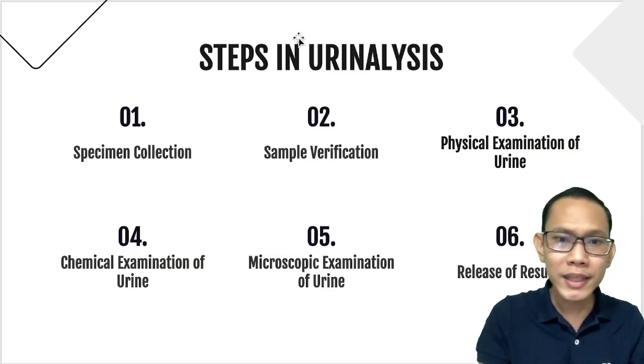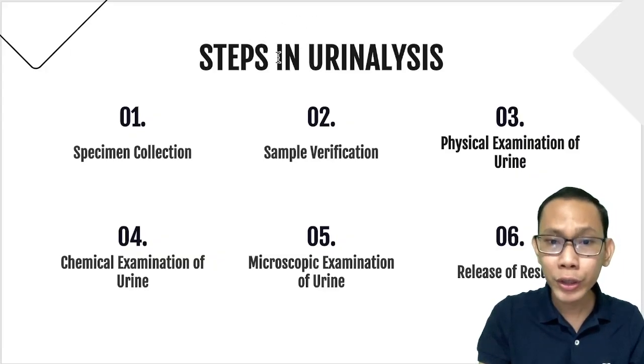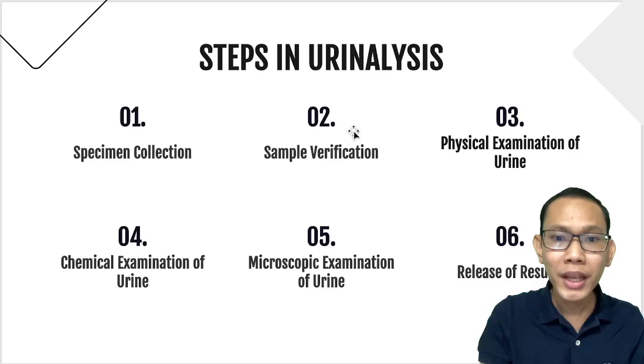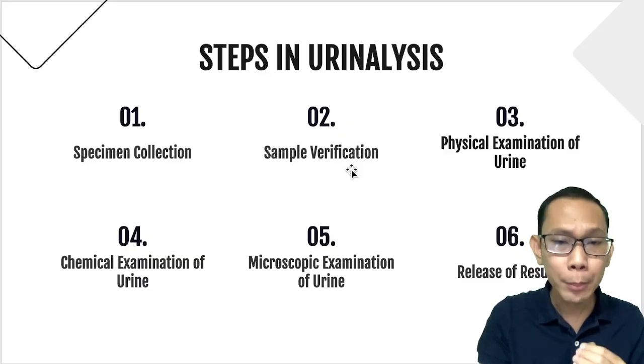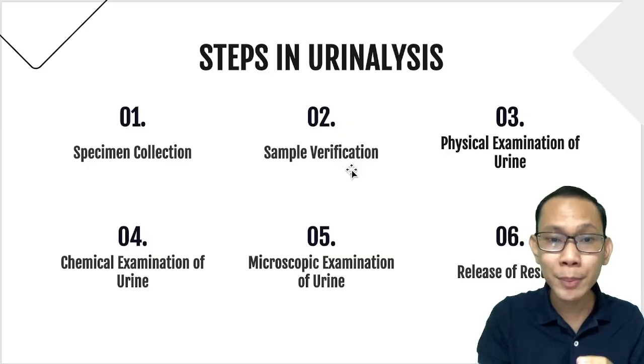Again, let's talk about the steps in your urinalysis. You're already done discussing the different ways and methods to collect your specimen, our specimen collection. Then you have to verify the samples that you are going to collect. It is really important that there should be a proper verification of your sample so that we could have an assurance that you are able to process the correct specimen.